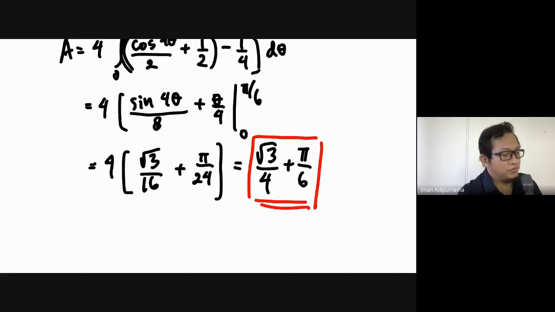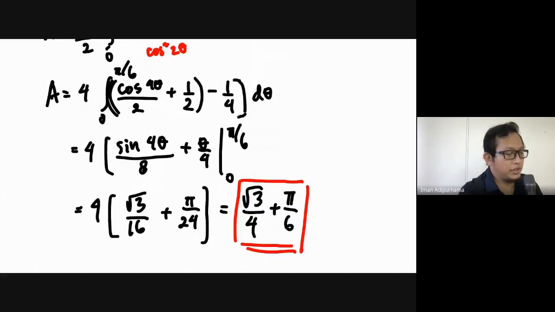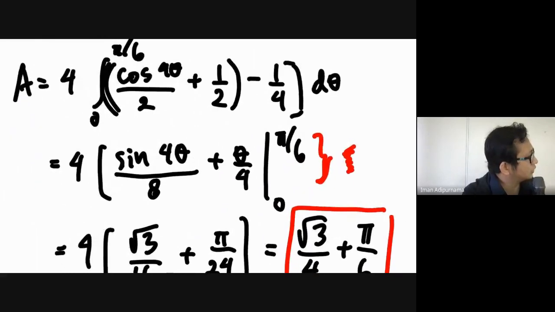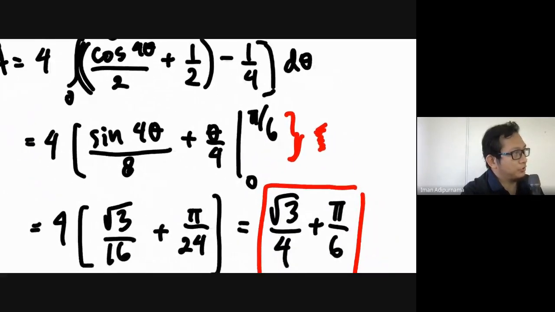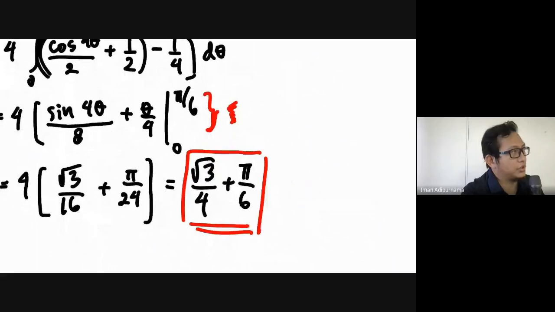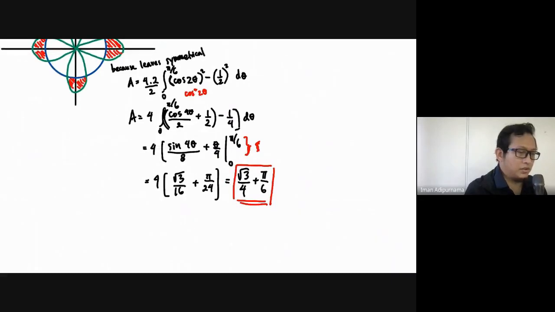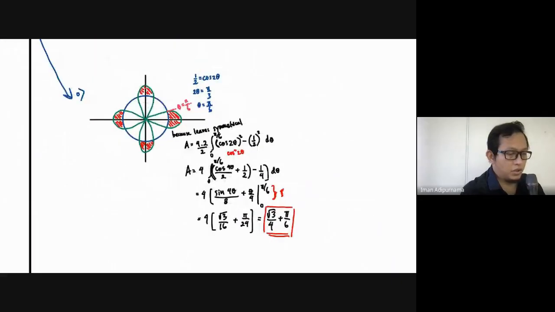If not, and you want to stop here, that is okay. Stopping at this result of the integration is okay. But in multiple choice, you need to go until here, because I will give you the options. Okay, that's number 1.